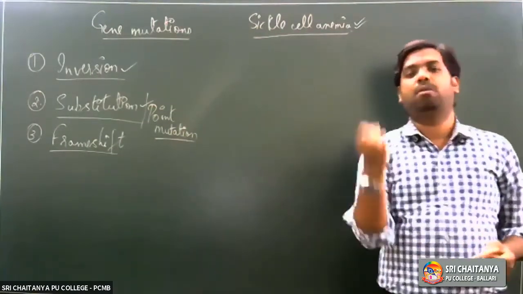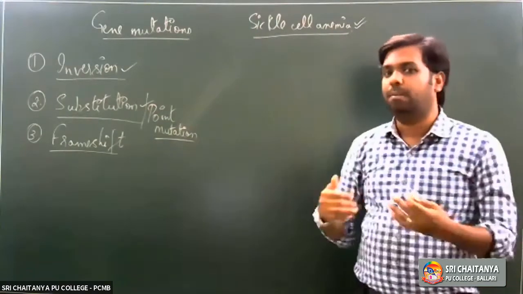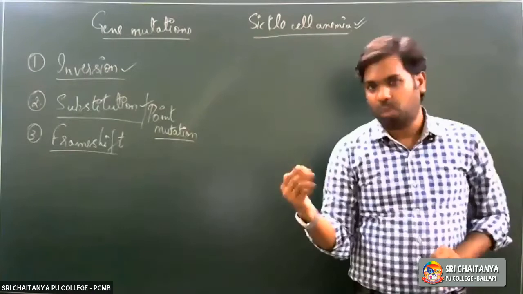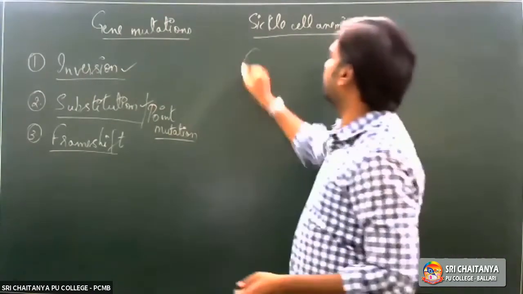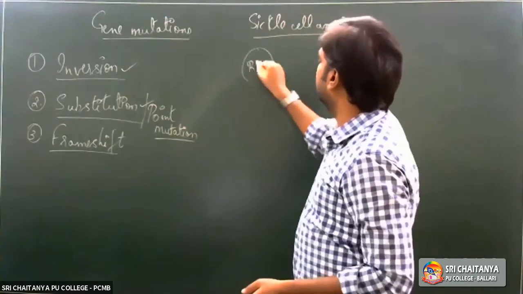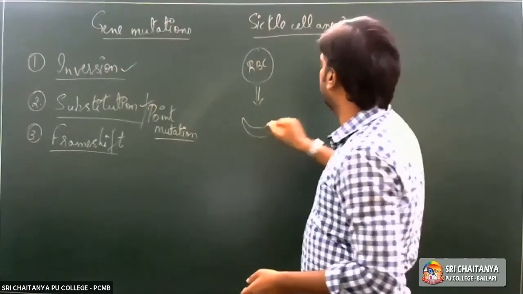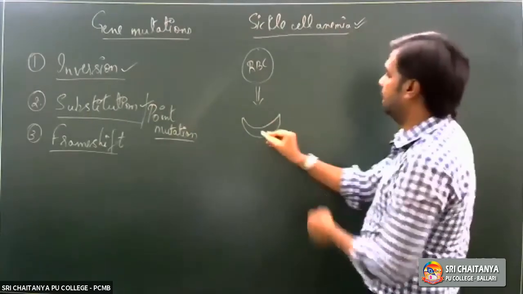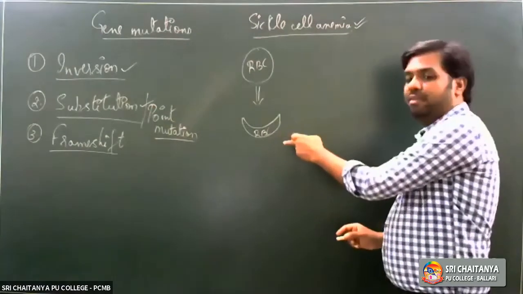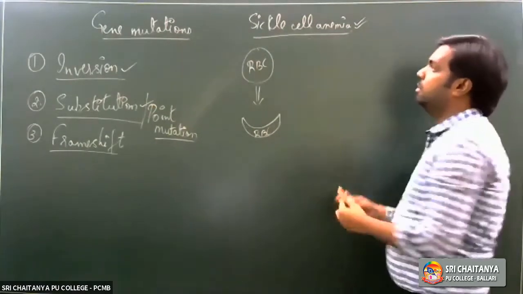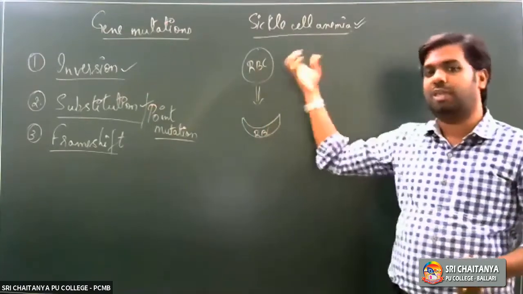The shape of the RBC changes from a biconcave, saucer shaped structure to a sickle shape, right? So this would be the RBC. If RBCs are present like this, we call it sickle cell RBC, and that disorder we call sickle cell anemia.